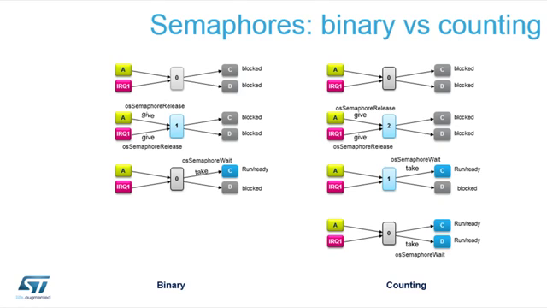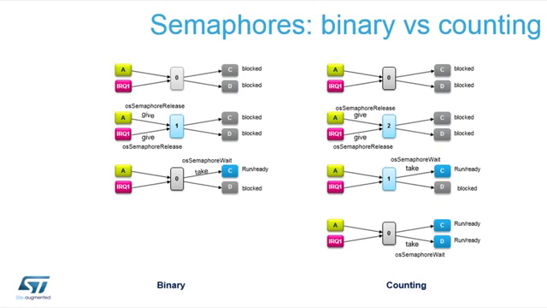So you can see there exist 2 different functions. One, OS semaphore wait, that causes the appropriate task to wait until there is something in the parking lot. There is as well a function called OS semaphore release that gives the car back to the parking lot.